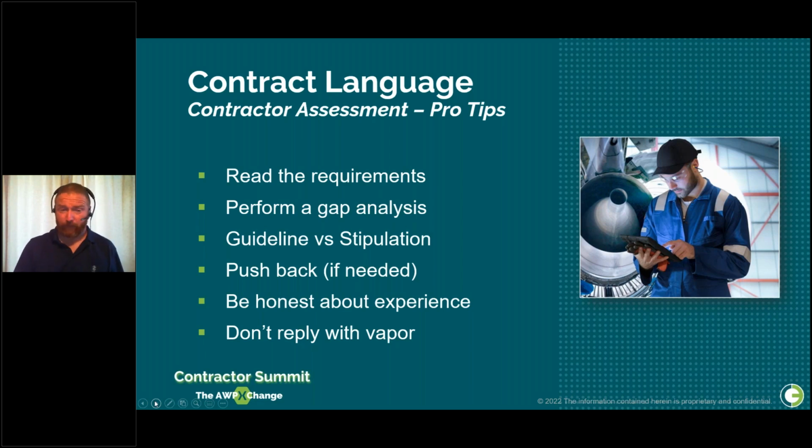Don't be concerned if you have to go back for clarification on some points. Some of it might not be crystal clear. And it's also a very, very handy trick to determine if the owner truly knows what they want in terms of AWP, and if they actually truly understand what they're asking for, or if they're just saying, do AWP and hoping that the contractors figure it out for themselves.